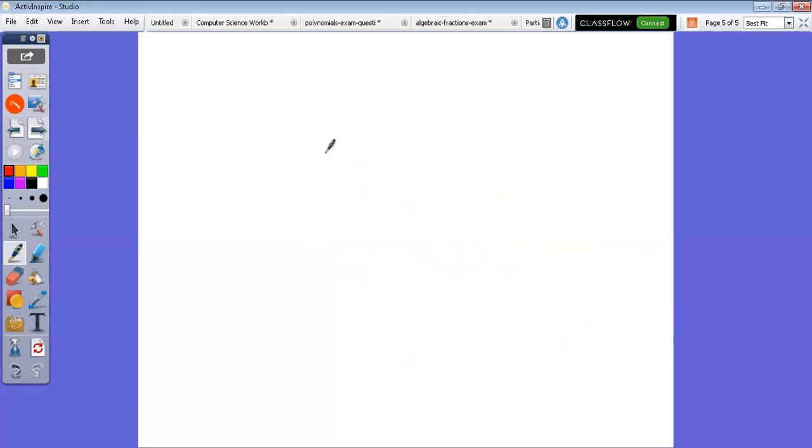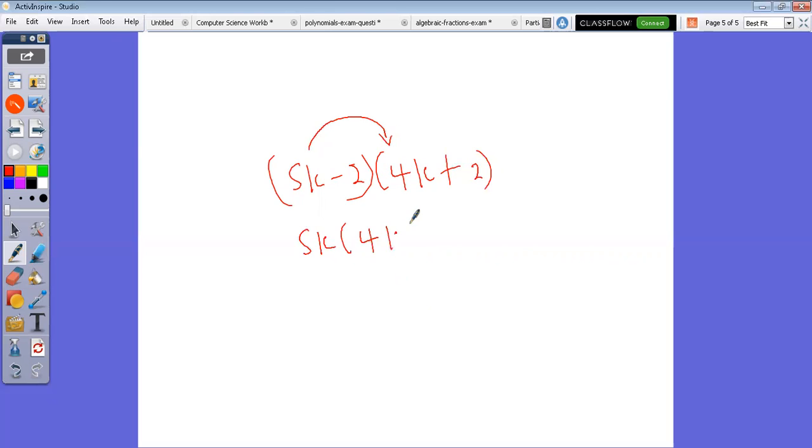So let's say we have another example here. Let's say I've got 5k minus 2 brackets 4k plus 2, like this. So again, we have to collapse one of the brackets. This multiplies that: 5k brackets 4k plus 2, then minus 2 as it is, brackets 4k plus 2.